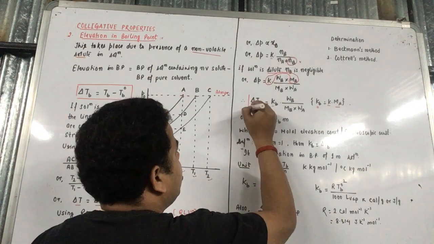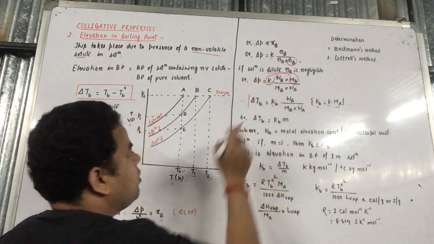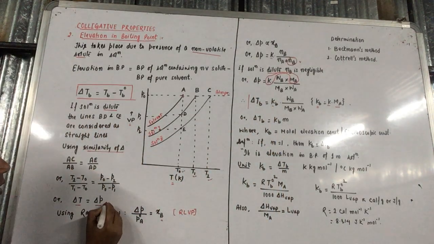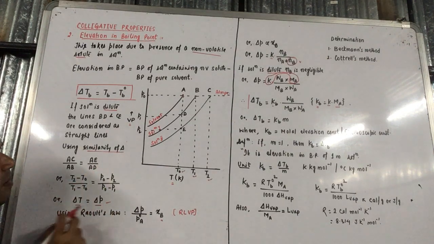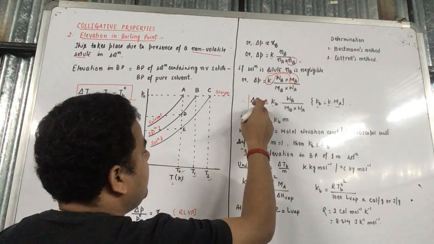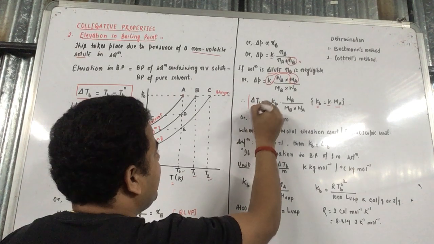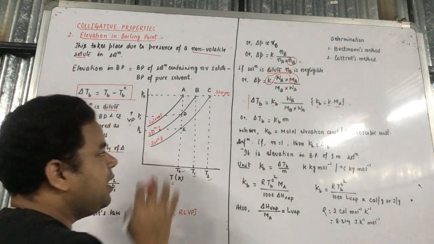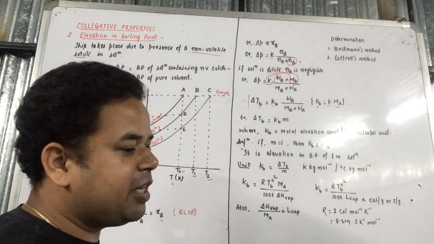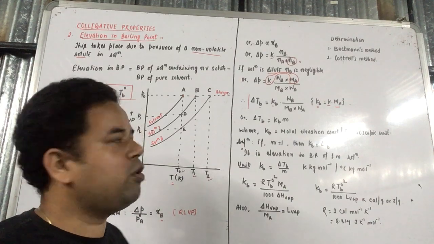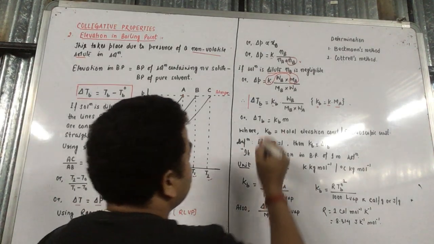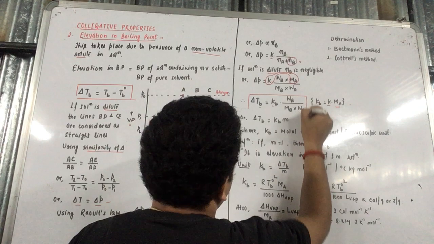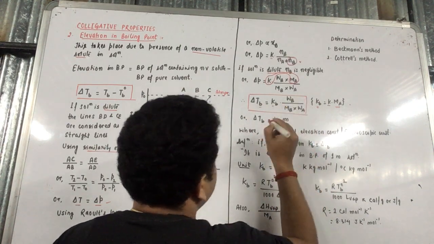So delta P is equal to delta T. We have already written over here. We have proved it graphically. तो delta P के जगह पे delta T हम लिख सकते हैं. We have written B as subscript because we are dealing with boiling point. जब freezing point पे काम करेंगे, depression in freezing point, तो F वहाँ पे introduce करना होगा. So the working formula is delta TB is equal to KB times m.